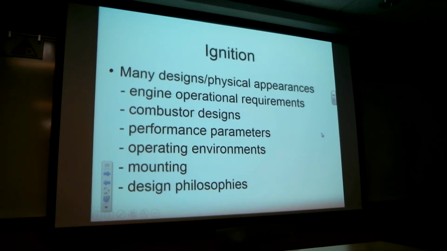Operating environments, there's some turbine aircraft that will only operate below 10,000, 15,000 feet. Some don't really operate hardly ever at those kind of altitudes. They're operating at 35, 40,000 feet pretty typical, and even higher. The mounting of the system has a lot to do with what kind of equipment gets added to the aircraft. And then there's some different companies that make these parts, and they have different design philosophies.